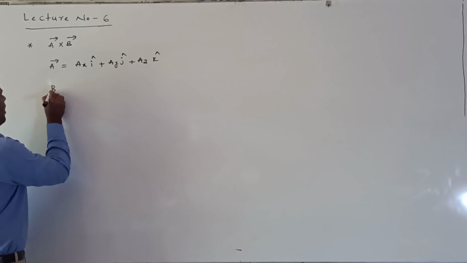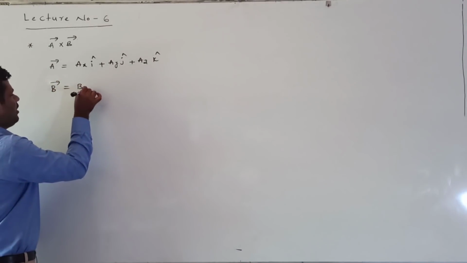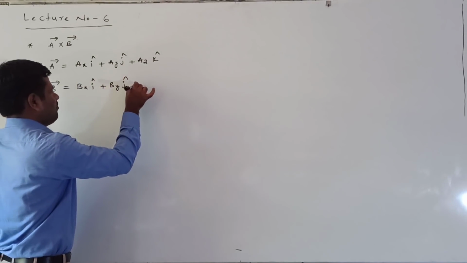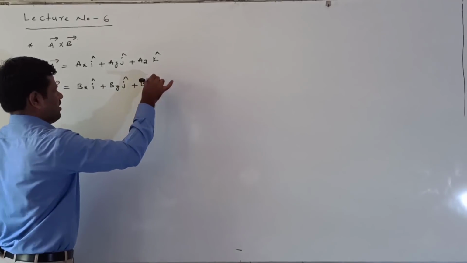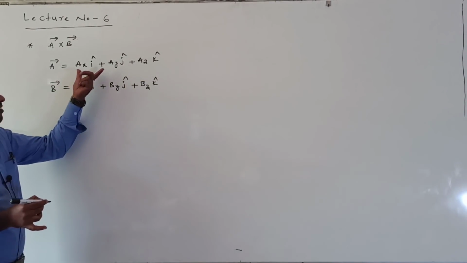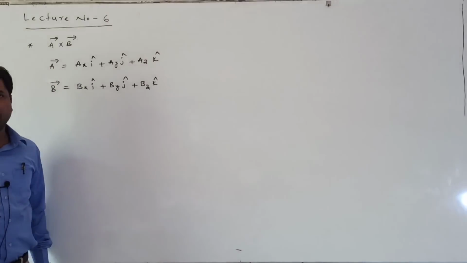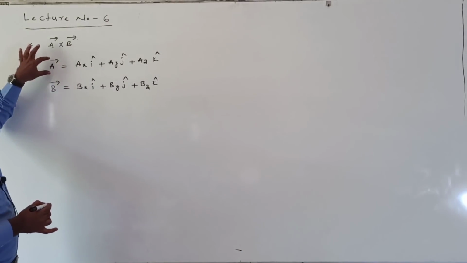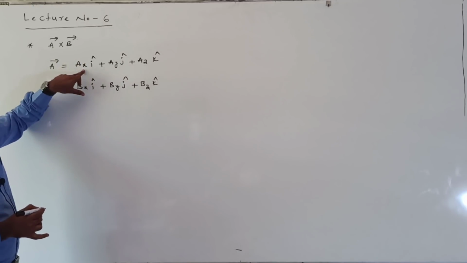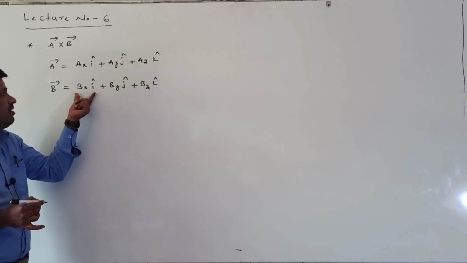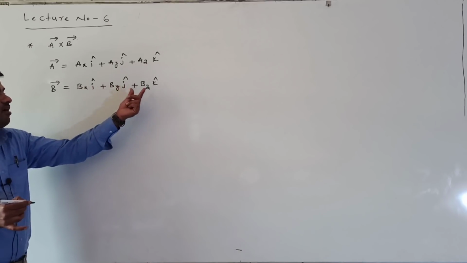Next, B bar I am writing as bx i cap plus by j cap plus bz k cap. These are the rectangular components of the A vector and the B vector. This means I am splitting along the three axes, along the x axis, y axis and z axis.